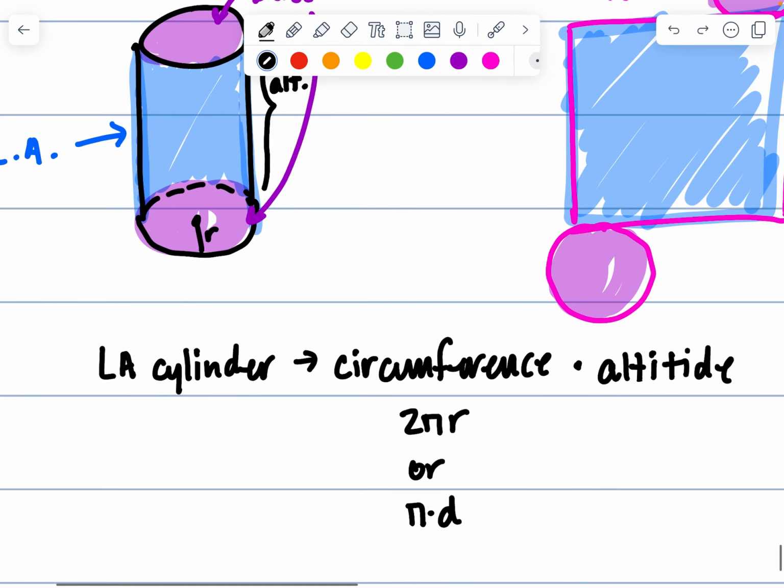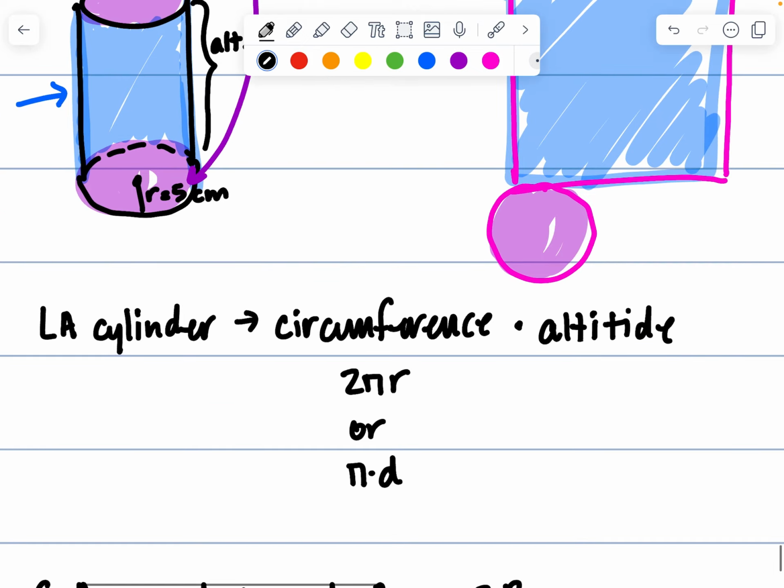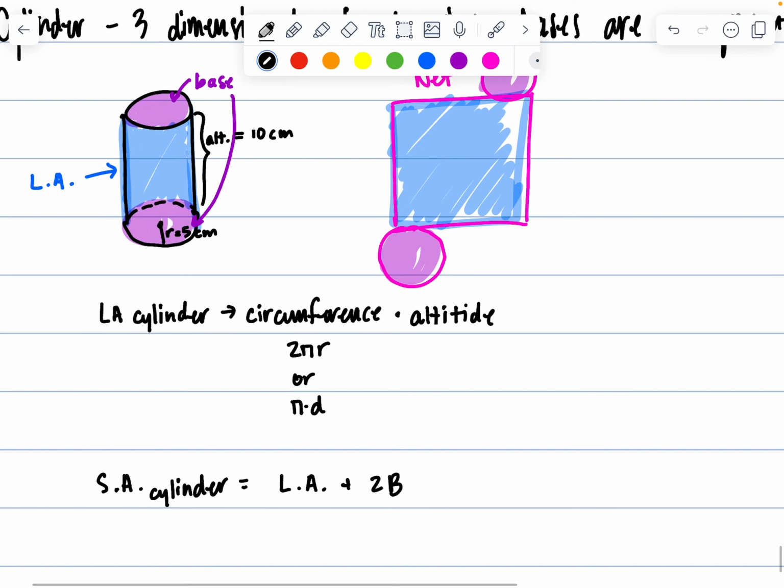Okay, let's plug in some values here just so we have an example. Let's pretend our radius is equal to 5 centimeters. And let's say the altitude is going to be equal to 10 centimeters. Let's start with the circumference and the lateral area.